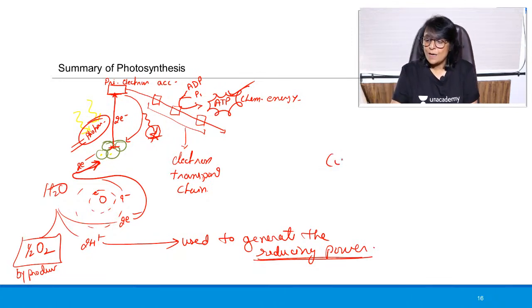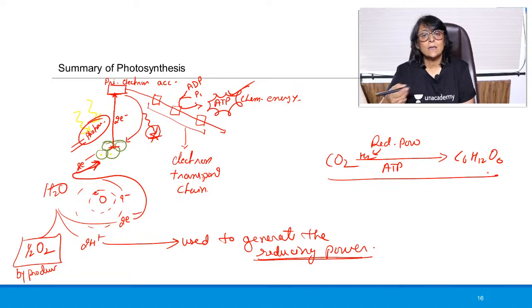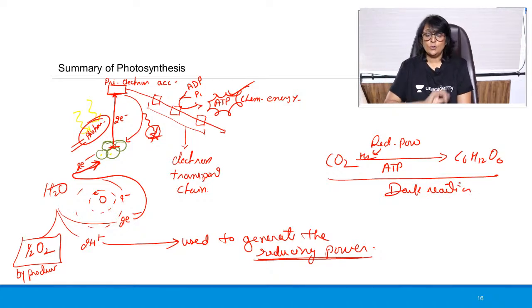Now, carbon dioxide, by using this reducing power, which is going to give hydrogen, and ATP will be converted into this. Does not require light, so this is dark reaction. So this is the overall summary of what happens in photosynthesis.